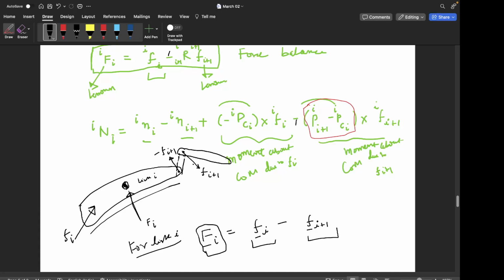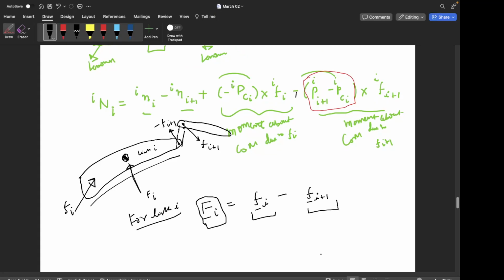And since Fi plus 1 is, by definition, the force being applied on link I plus 1 by link I, right? But since you are now doing force balance for link I, you would only write forces in your equation which are acting on link I, right? So on this side here, what will be the force which is acting on link I? This will be the equal and opposite of force Fi plus 1. So force Fi plus 1, you will just invert it and add to Fi.